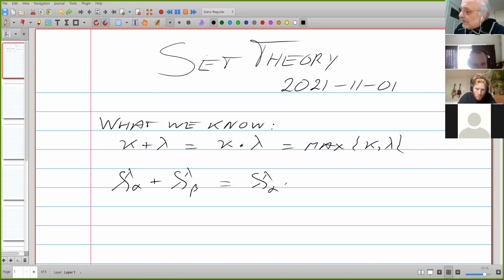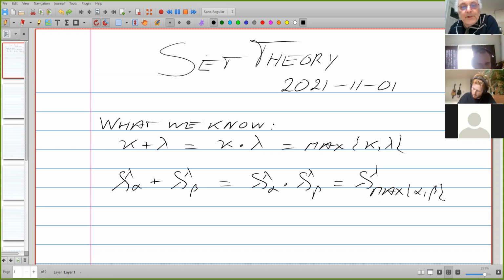In terms of Alephs, we could write this as follows. If I know that my cardinals are Alephs and I want to know what the result of the operation is, I just take the maximum of the two ordinal indices, and that will point to the Aleph that I'm going to get.